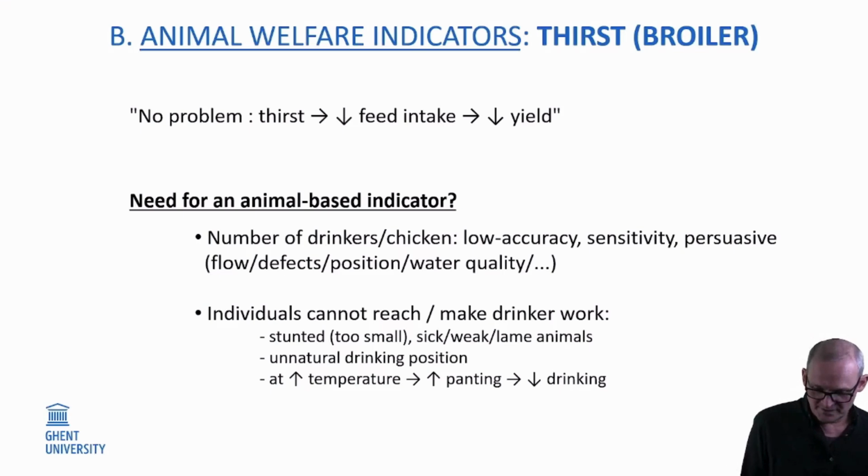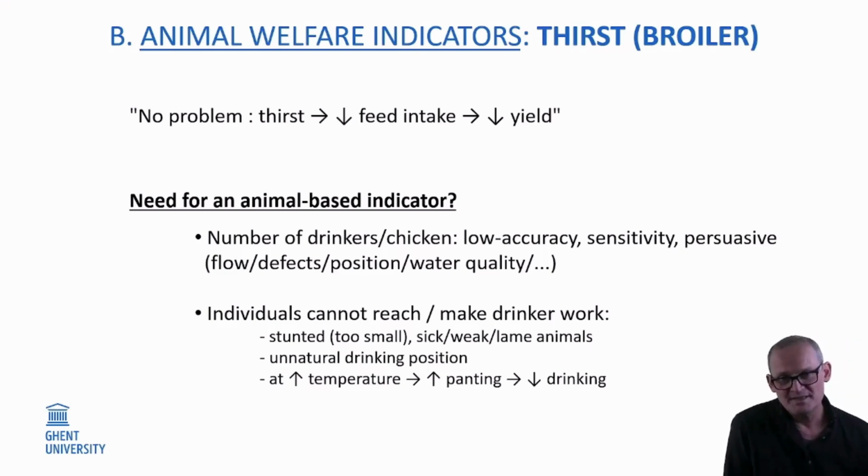Also, most of these nipple drinkers require the animals to drink in a rather unnatural position. And it's especially at high temperature, when they need to pant, that this unnatural drinking position can make it difficult for them to drink. So especially at times when they need it most, the way the drinkers provide water is not easy for them.